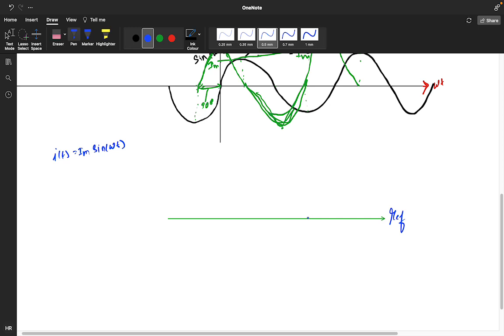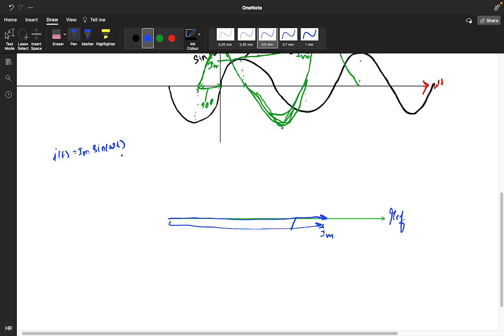I'm assuming this is the length of Im, and this is 0 degree. So your Im will be in phase with the reference, because the reference is 0 only.